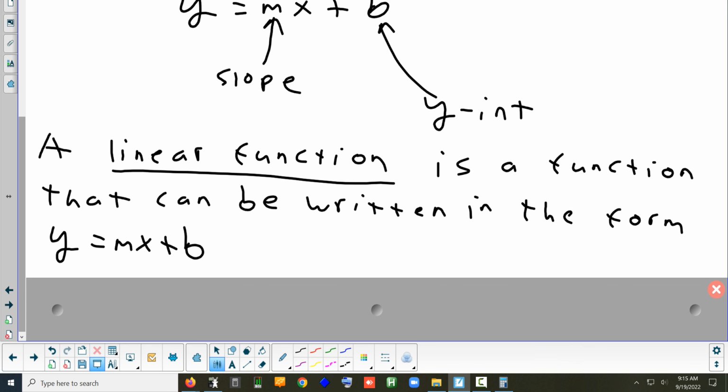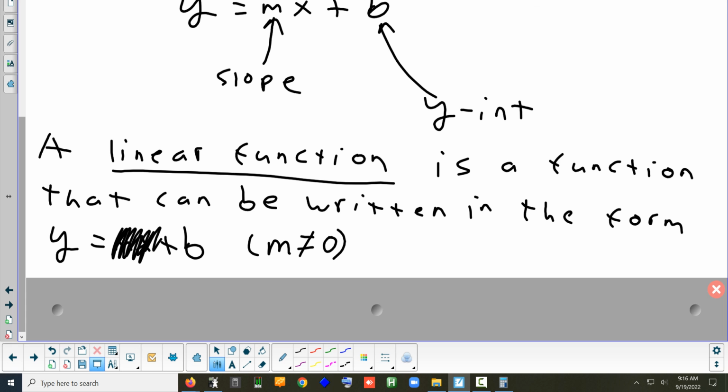The m and the b can be any number that you want. They can be positive numbers, negatives, fractions, or decimals. The only thing is m cannot equal 0. Because if you plug in 0 for m, 0 times anything is 0. What you've essentially done is wiped that out. Now you have y equals a number.